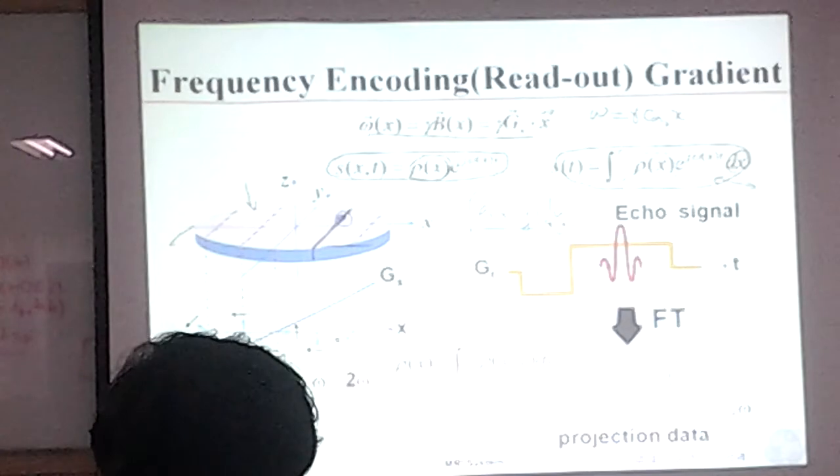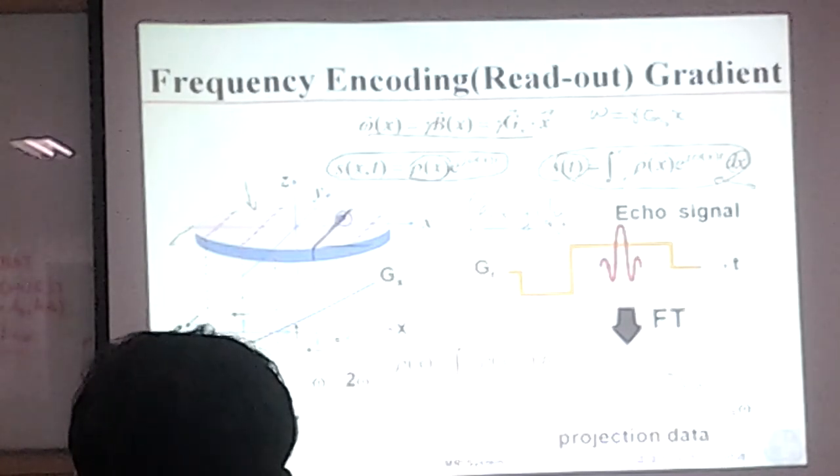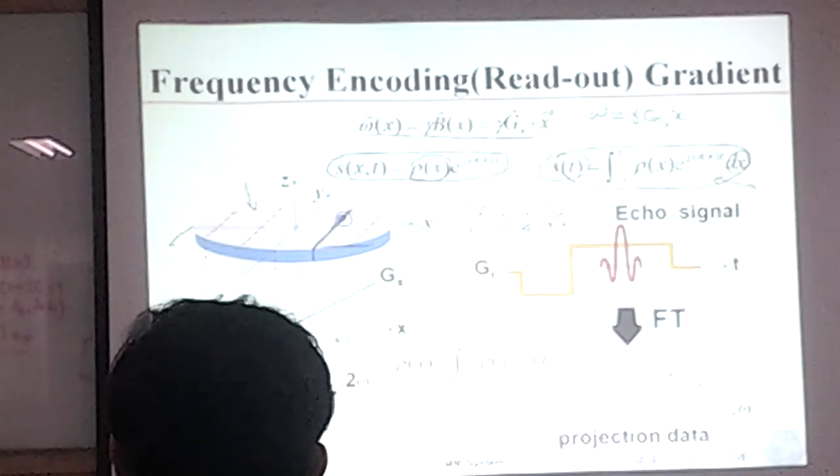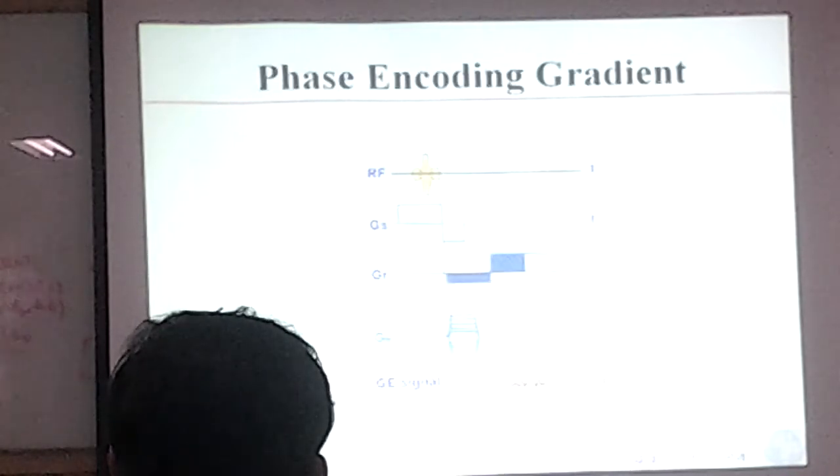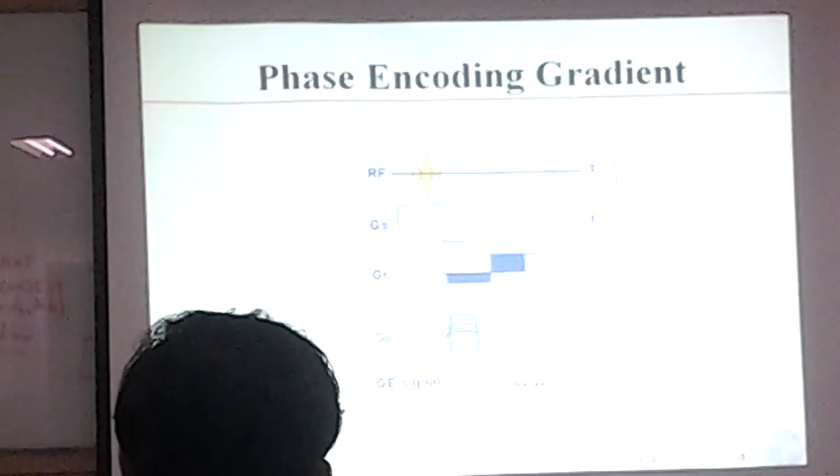This is the rho x, and it is obtained by the inverse Fourier transform of the echo signals here. This projection data is shown here. So I explained the first diagram, this part.